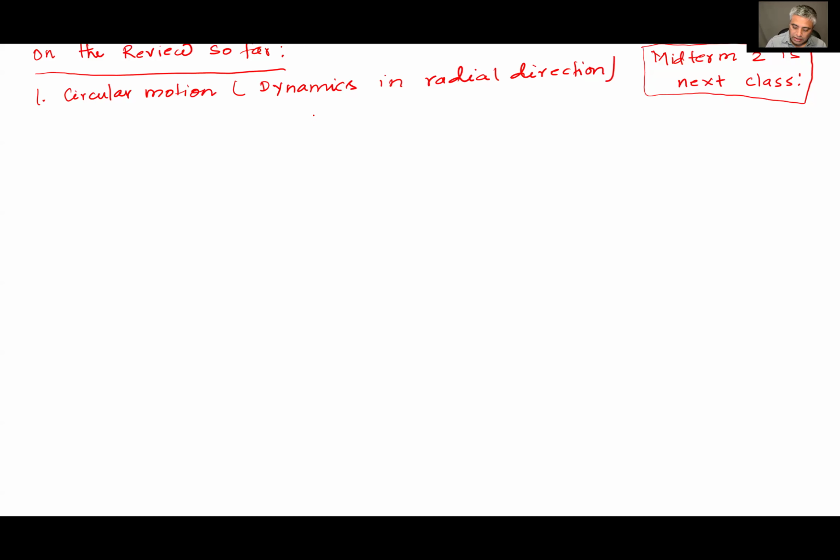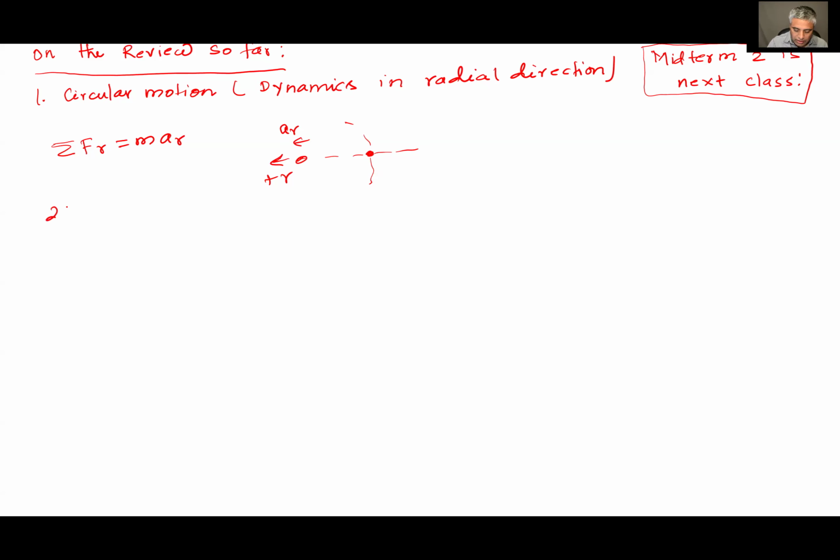That means if we have something moving in a circle or maybe just part of a circle, then with the center of the circle, one axis is going to be in that direction, and that axis we call the radial axis. And we know the acceleration is towards the center when something is moving in a circle or part of a circle. Okay, so with that, we use this formula.